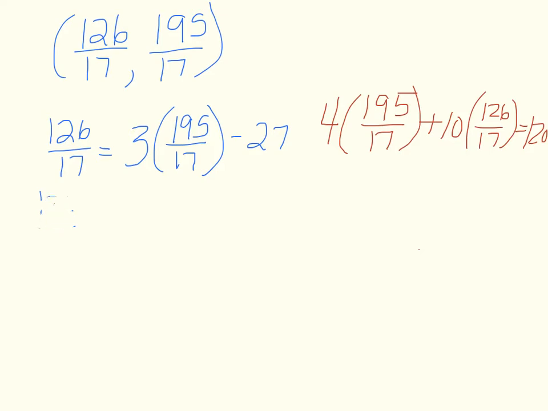So when I do that, I have 126 equals 585 minus, what did we say, 27 times 17 was 459. And you'll see that 585 minus 459 does equal 126.